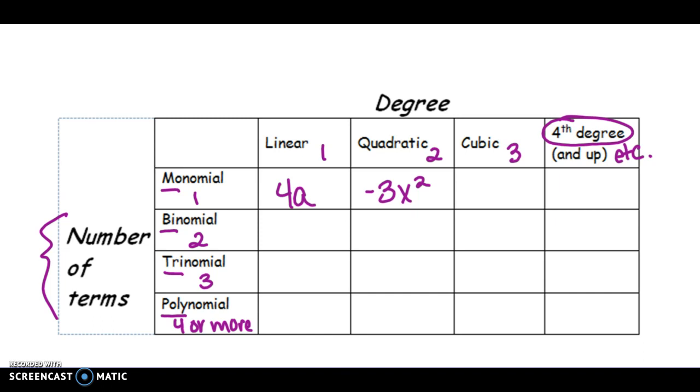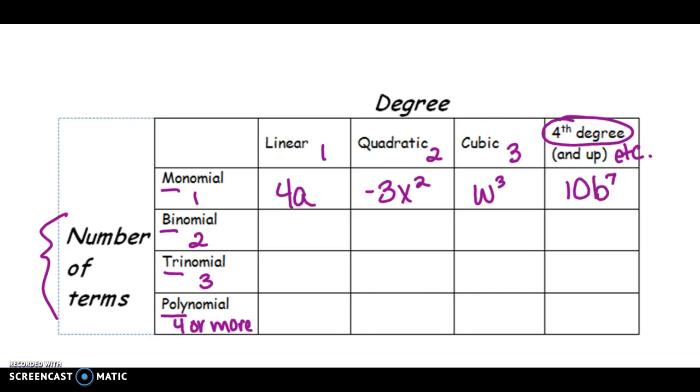Next one across, cubic monomial. So now I need to make sure I have an exponent of 3. So how about w to the third? And fourth degree and up. So let's say we do a 7th degree monomial, then I'll have maybe 10b to the 7th.